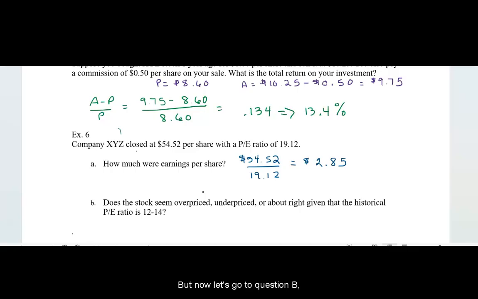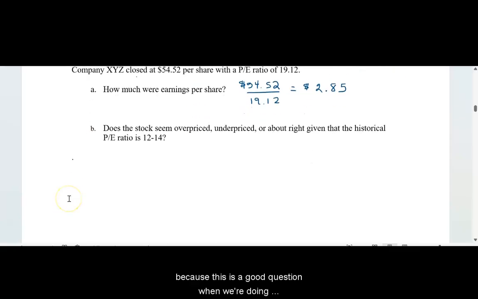But now let's go to question B, because this is a good question when we're doing some comparison. Does the stock seem overpriced, underpriced, or about right, given that the historical P to E ratio is 12 to 14? So let me explain how this works. If the stock's P to E ratio is less than the historical average, then the stock would seem underpriced.